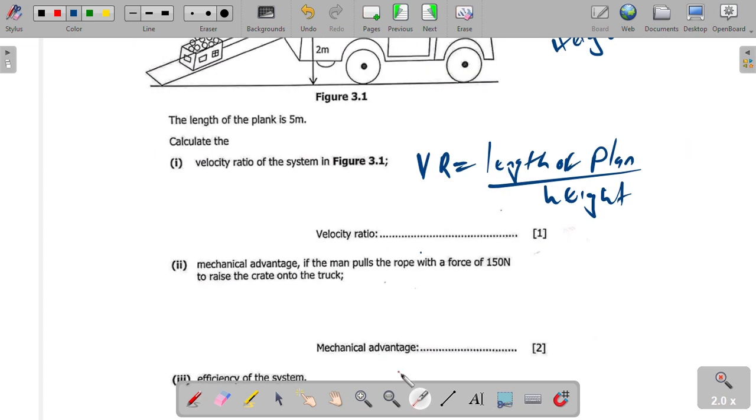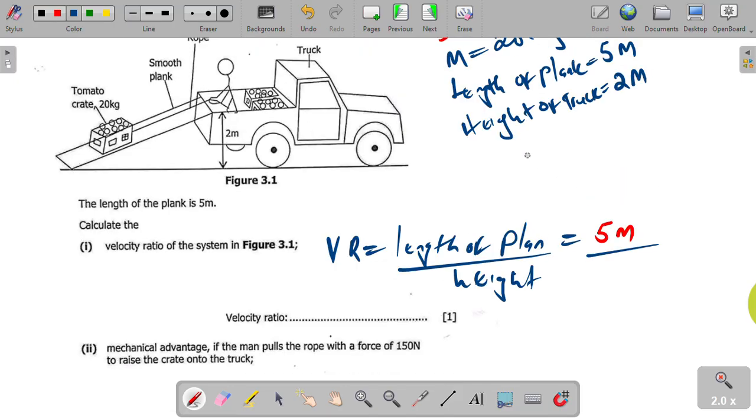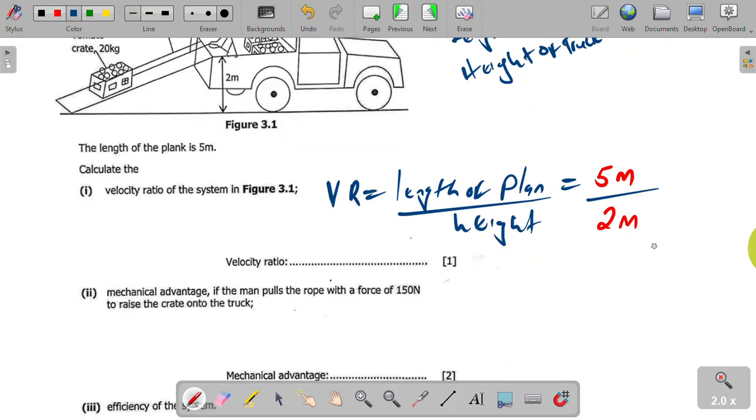Okay, so here we substitute 5 meter over the height we have here, which is 2 meter. Okay, 2 meter. So 2, we now divide 2 into 5.